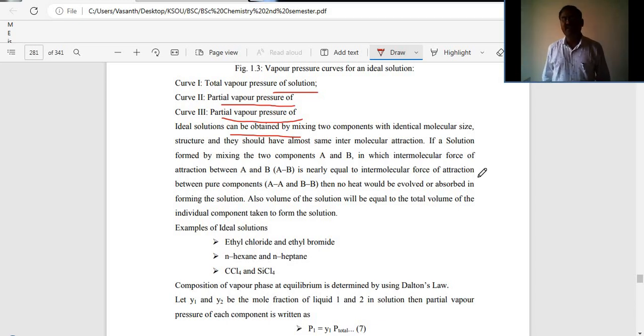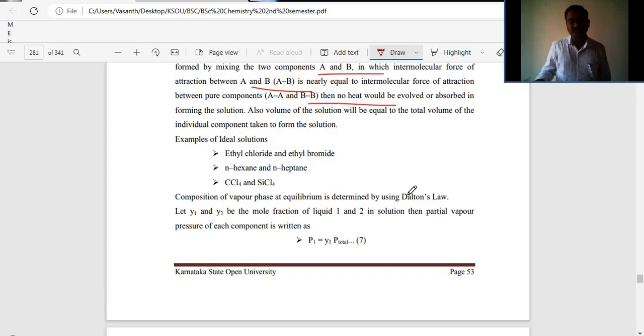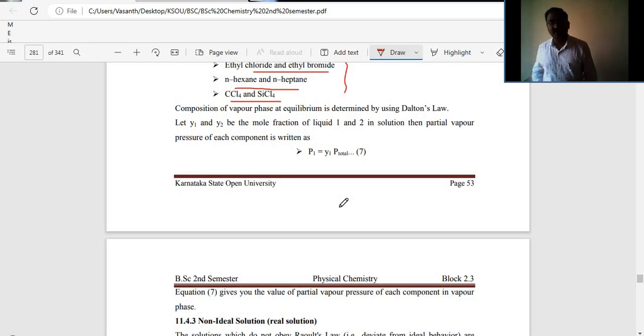We consider that the intermolecular force of attraction between A-A and B-B is the same. Examples of ideal solutions are ethyl chloride and ethyl bromide, n-hexane and n-heptane, and carbon tetrachloride and silicon tetrachloride.